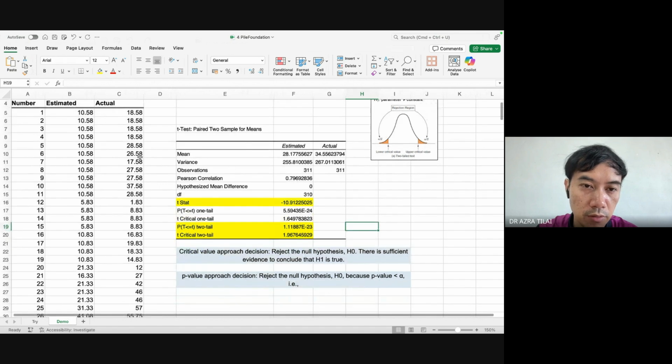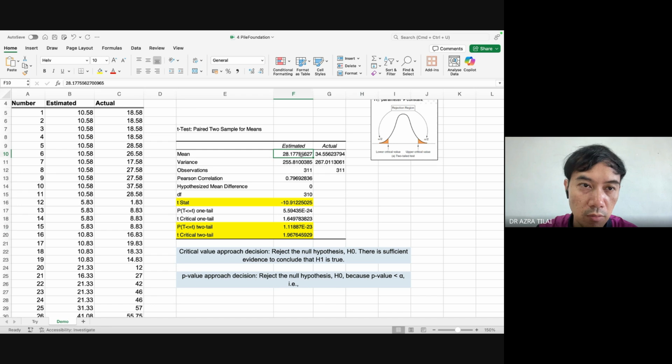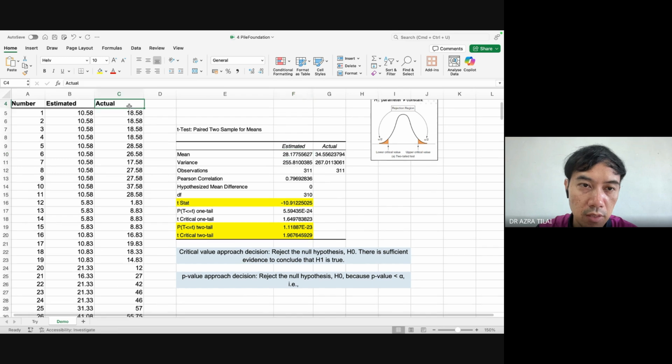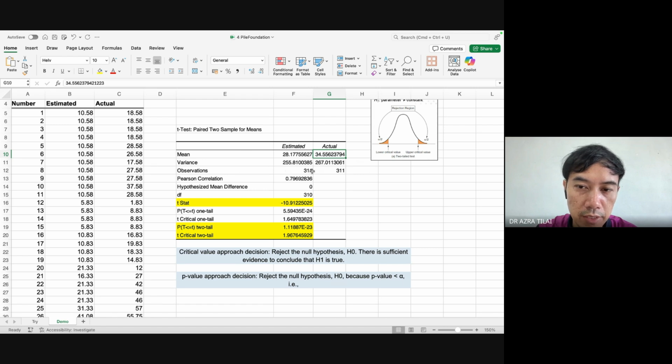Okay, so when you get the mean, this side is 28 and the actual is 34. Okay, you can do the variance and the observation, both the same. We have the Pearson correlation, the hypothesis mean difference, there is 0.